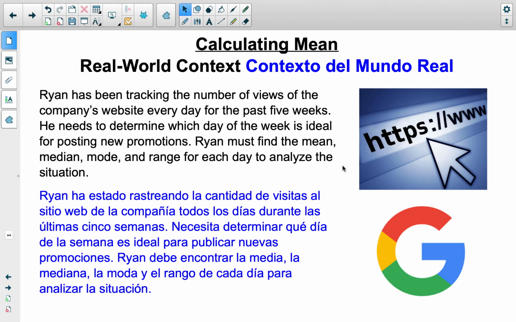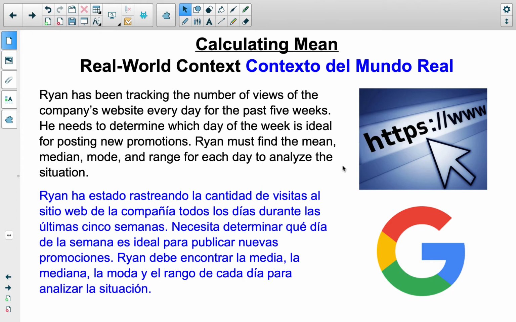Ryan has been tracking the number of views of the company's website every day for the past 5 weeks. He needs to determine which day of the week is ideal for posting new promotions. Ryan must find the mean, median, mode, and range for each day to analyze the situation.